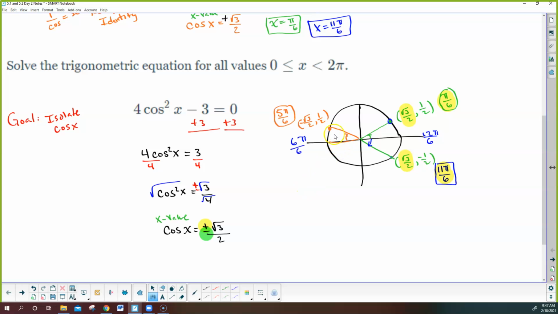Okay? And then if I reflect this one down, I'm still going over to the left, so I'm going negative x value. And then this just happens to be my y value is negative 1/2. So here I went 1 pi over 6 past 6 pi over 6, so that would be 7 pi over 6.